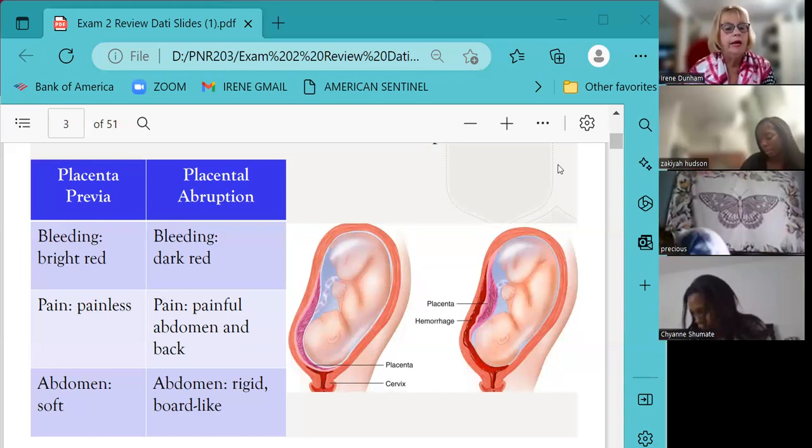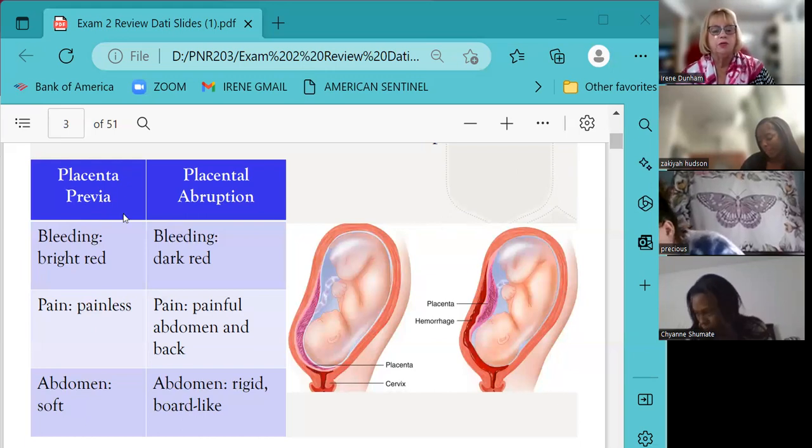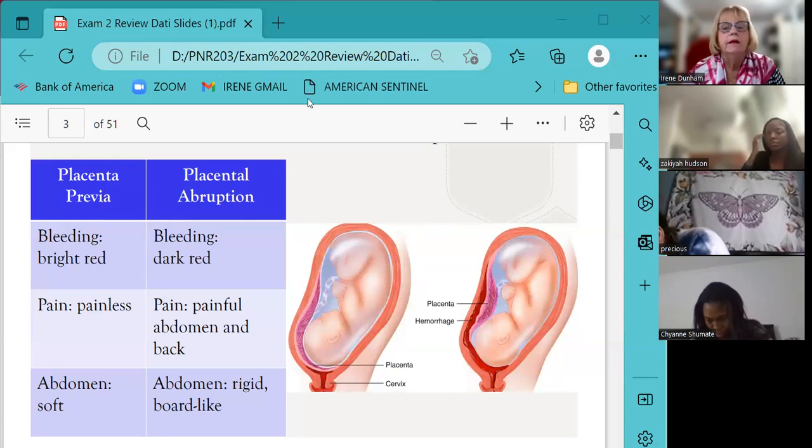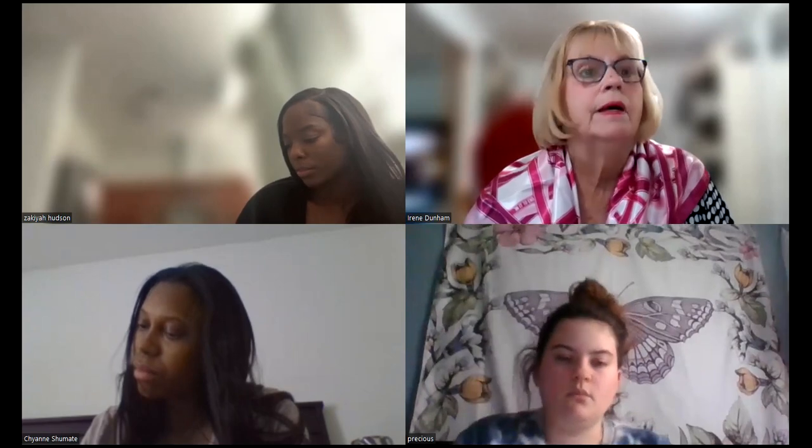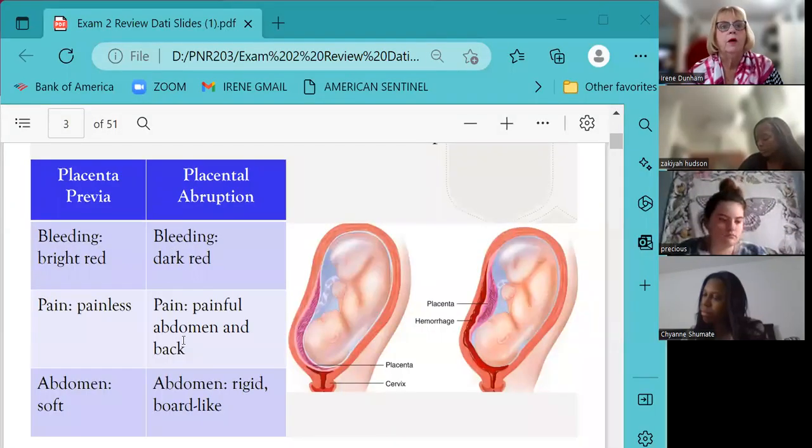Here the slide shows you the difference between placenta previa and abruption. Your HESI book has a great little chart too.